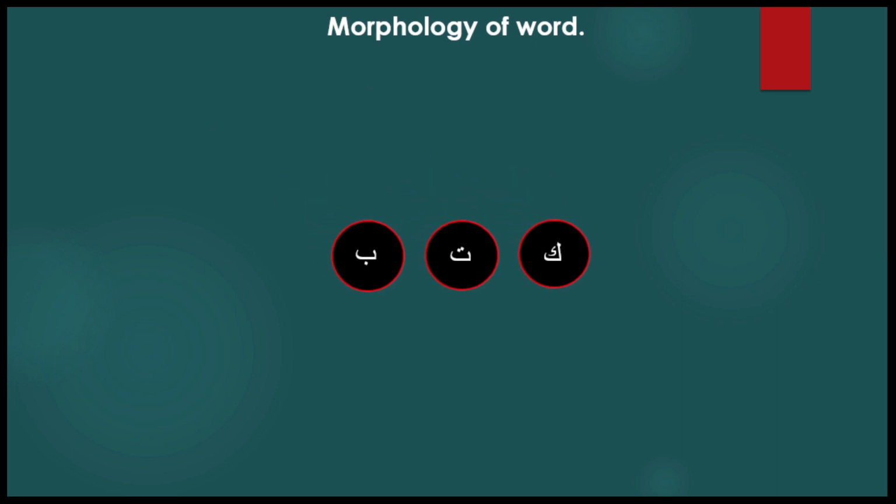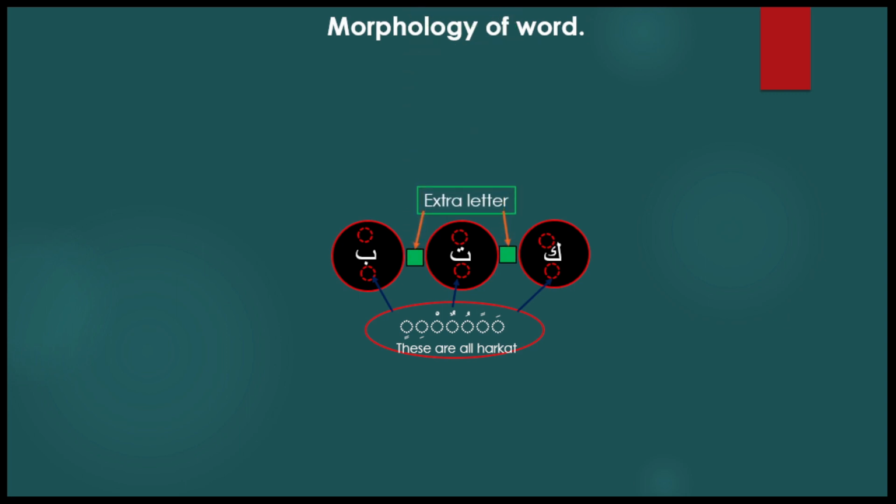This is kataba, kaf, ta, and ba, and we will put the harkat sequence. We know this is all fatha, fatha, fatha. Apart from this letter sequence and harkat sequence, we can also put some extra letters in between these base letters, and in that case the meaning will be changed, different words will be created.